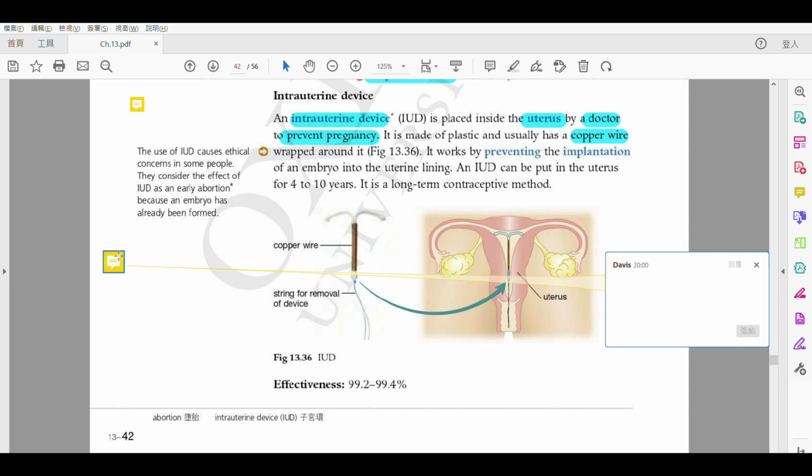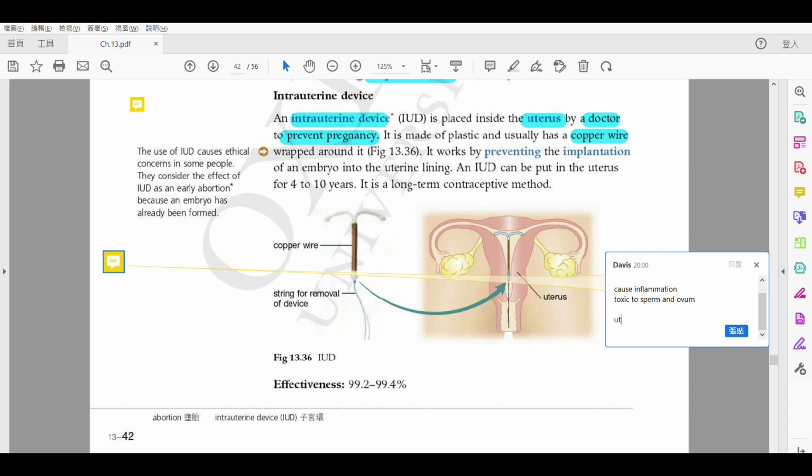The copper wire is quite important because it can cause inflammation. Inflammation means 發炎. Therefore it is toxic to sperm and ovum.